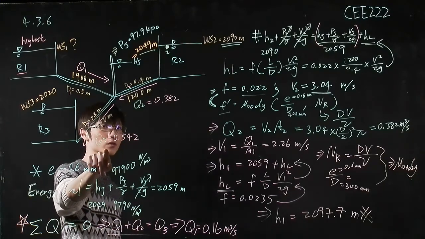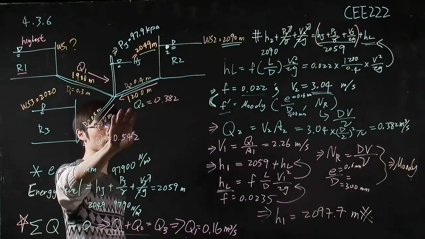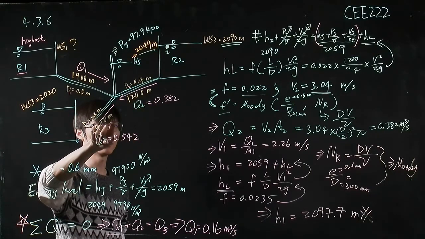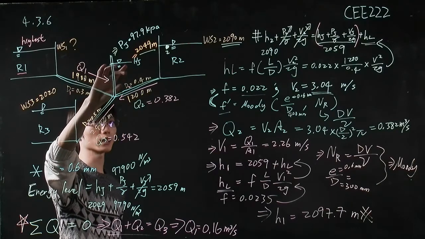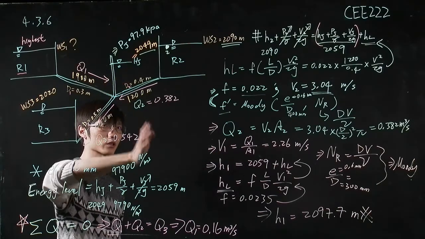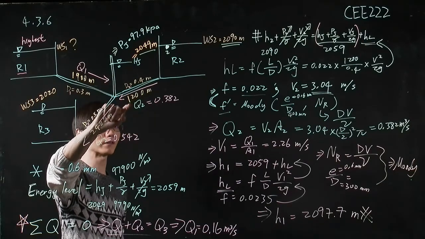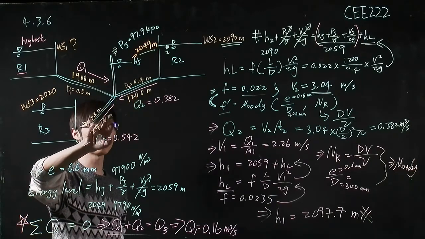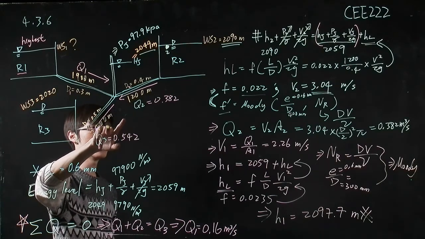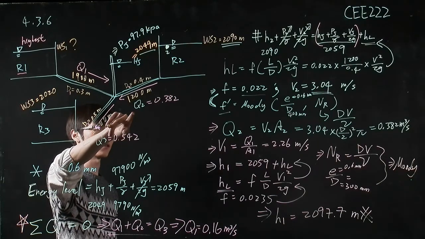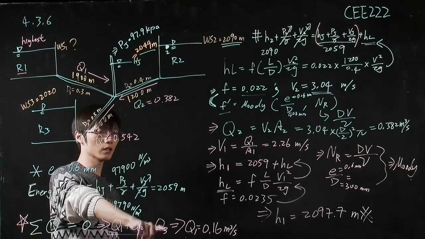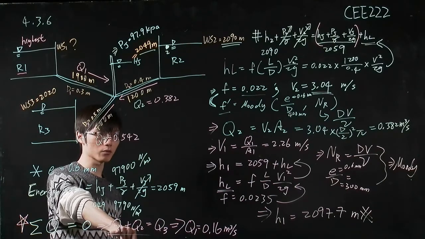And how do we solve Q2 and Q3? The most important thing is that we need to know the velocity inside this pipeline, because the problem already gave us the diameter, so we know the cross-sectional area of this pipeline. So if we know the velocity inside this pipe, we can calculate the flow rate.